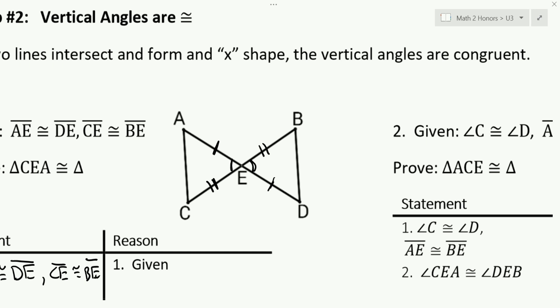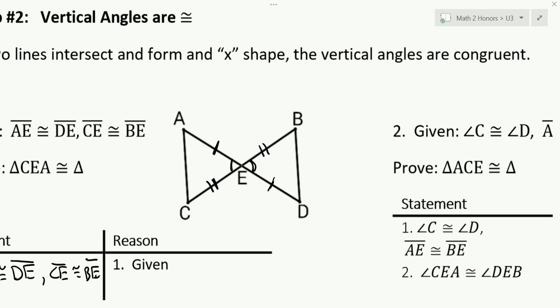So there's confusion. When you have a vertex like this, you have to use more than 1 letter. You have to use 3 letters. If I want this angle here, I'm going to trace that angle: AEC. E is where the vertex of the angle is, and it will always be your middle letter.